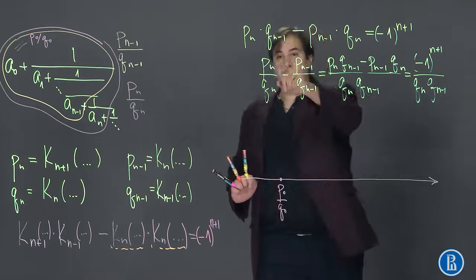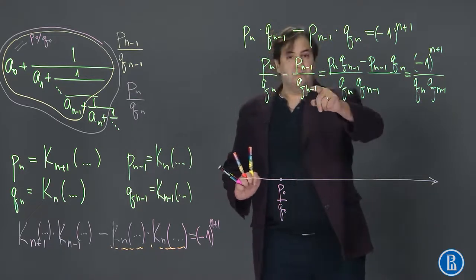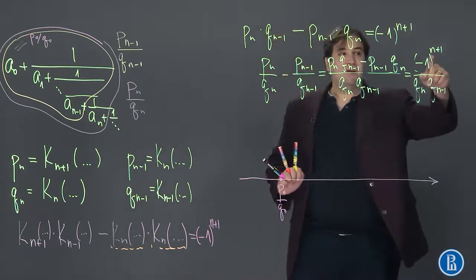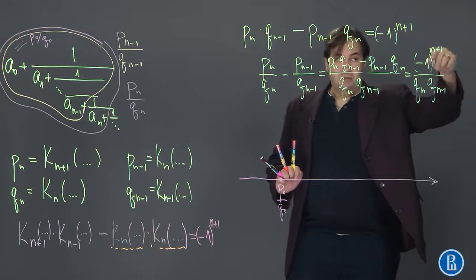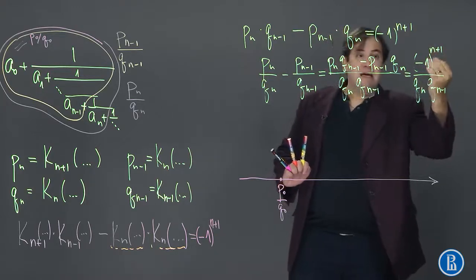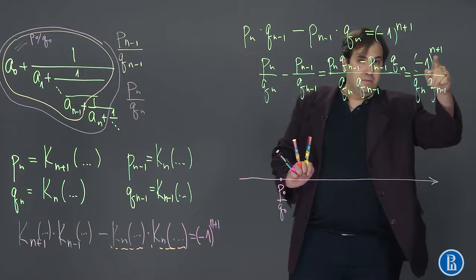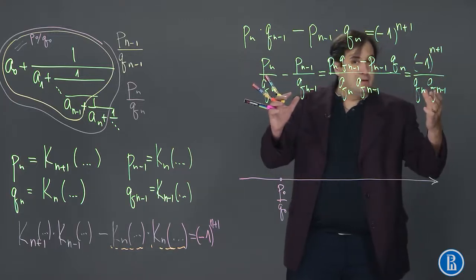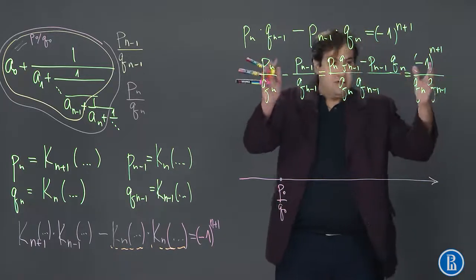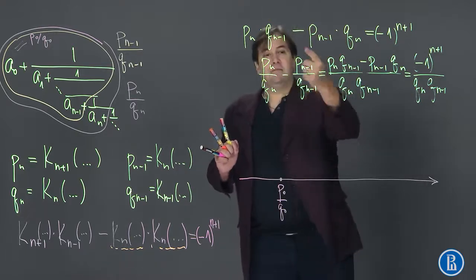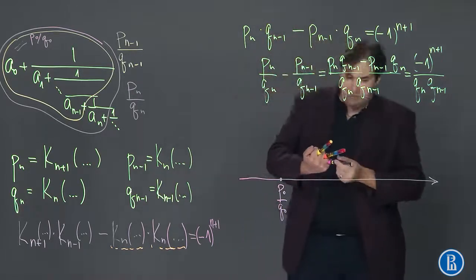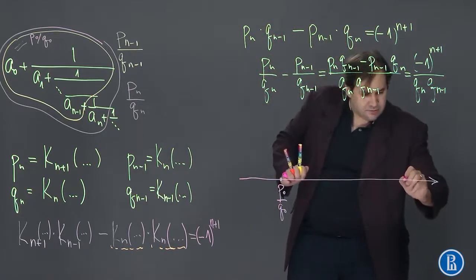So we have P1 over Q1 minus P0 over Q0. And if n is equal to 1, then we have an even number here, so this is a positive number. So indeed, according to this equality, P1 over Q1 is greater than P0 over Q0. So let's place it somewhere here.